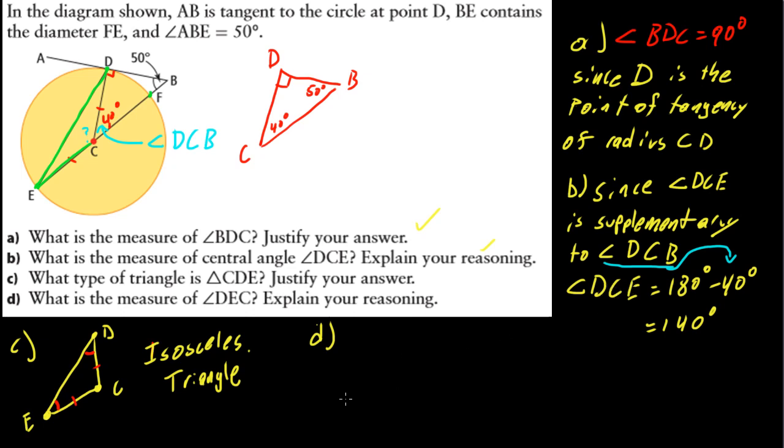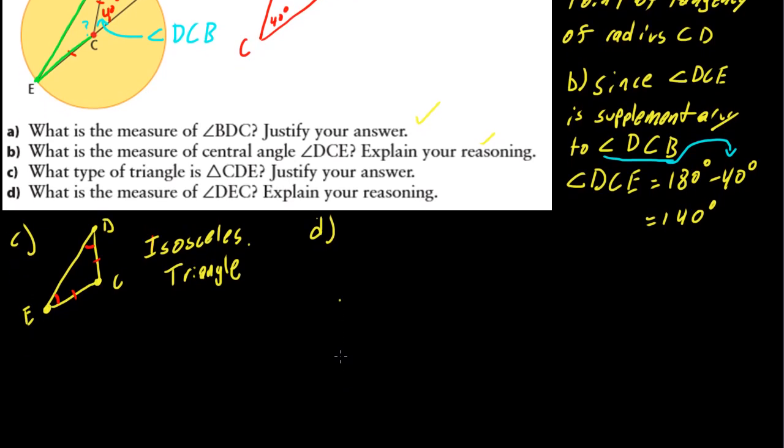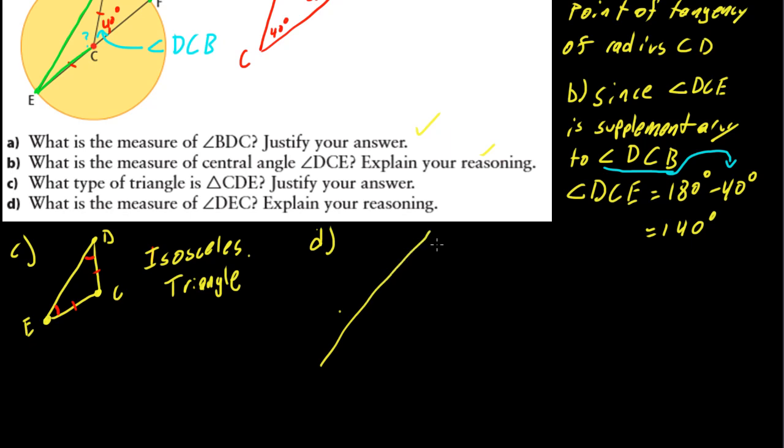So I'm going to draw a little bit of a bigger triangle and give myself a little more room here. So C, D, and E. And we know this angle here, we already solved for it back in a previous question. This was 140 degrees. Okay, so we know that this angle and this angle are the same.